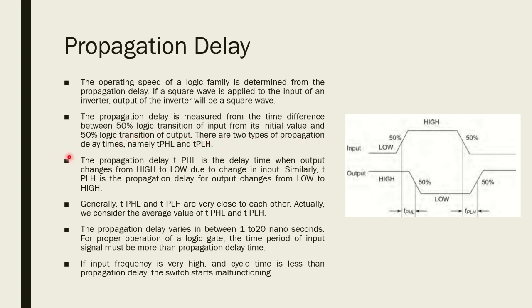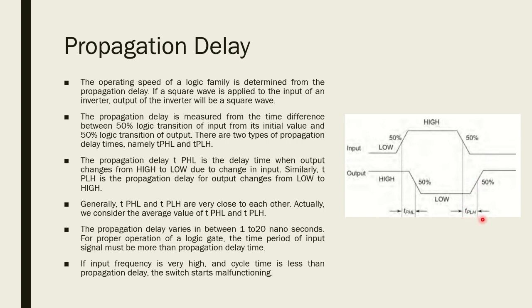There are two types of propagation delay, namely TPHL and TPLH. Propagation delay TPHL is the time delay when the output changes from high to low. So this region is called TPHL. Similarly, TPLH is the propagation delay for the output change from low to high.